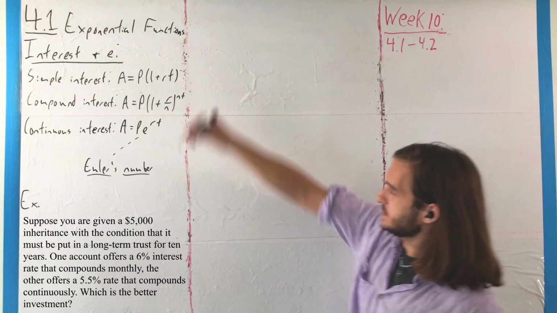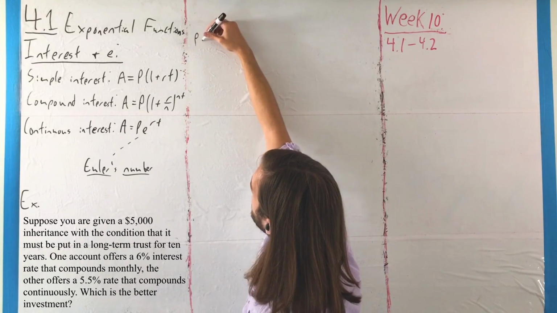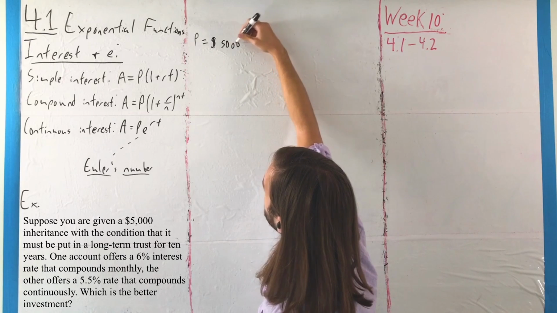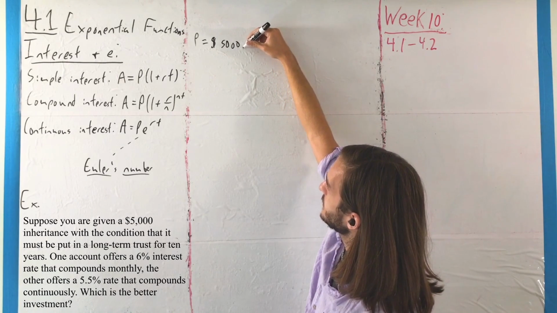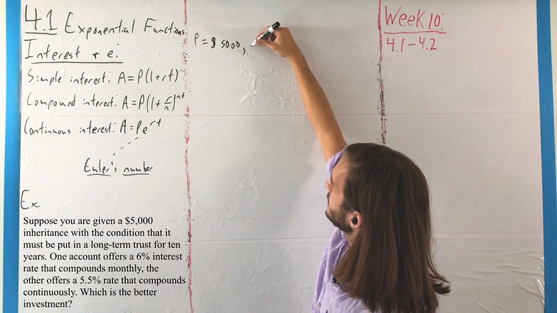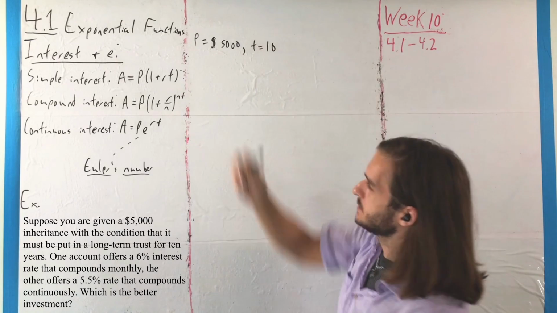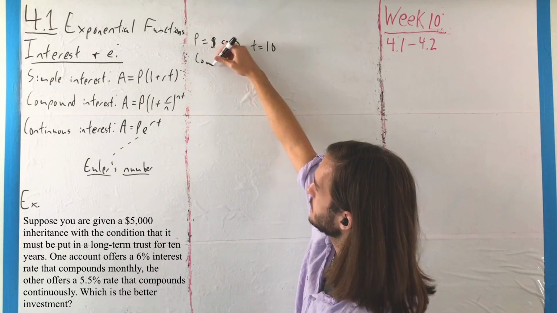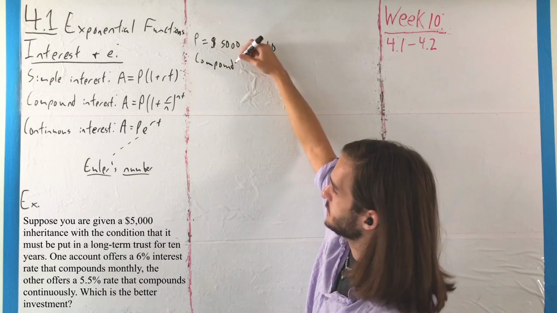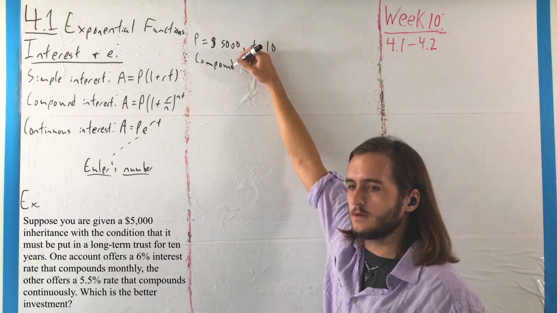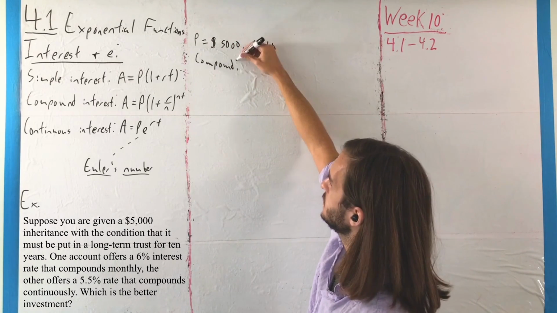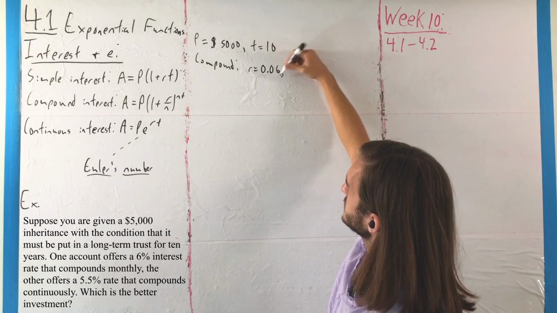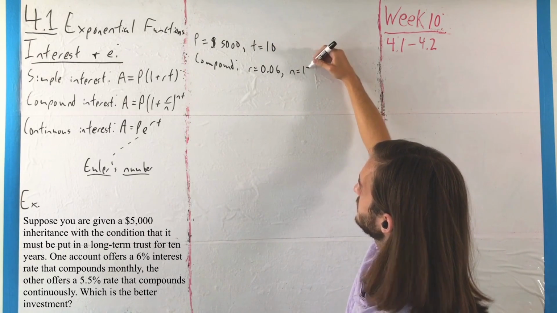But let's specifically take it in this case, where the initial investment in both cases is $5,000, and we're running it over t equals 10 years. Then, for the monthly compounding account, we have that r is equal to 0.06 and n is equal to 12.